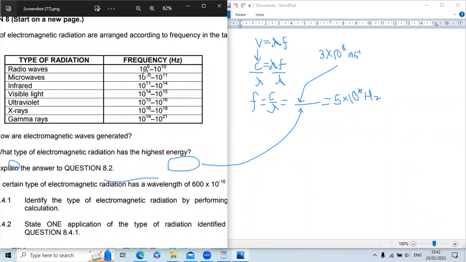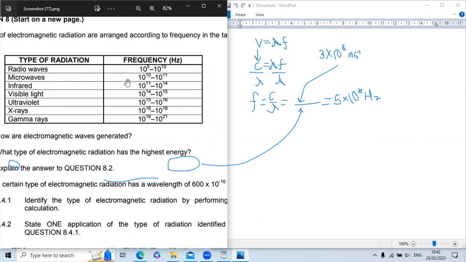Radio waves have a range of whatever number times 10 to the exponent 5 to, or actually, this is just 1 times 10 to the exponent 10.